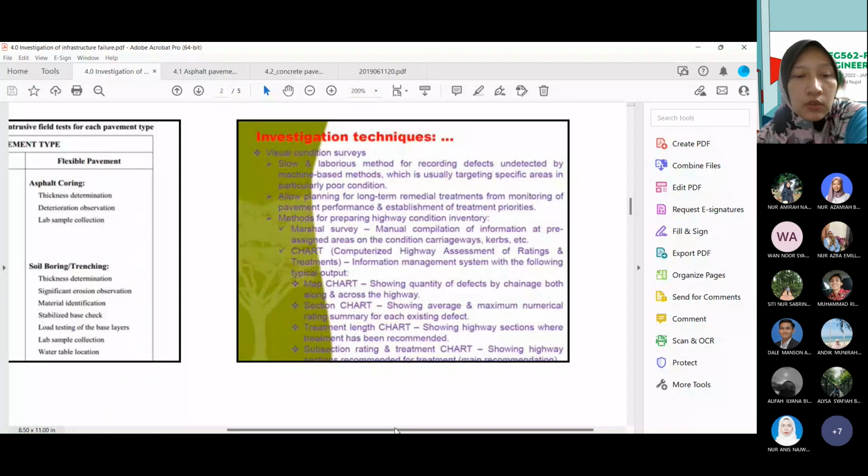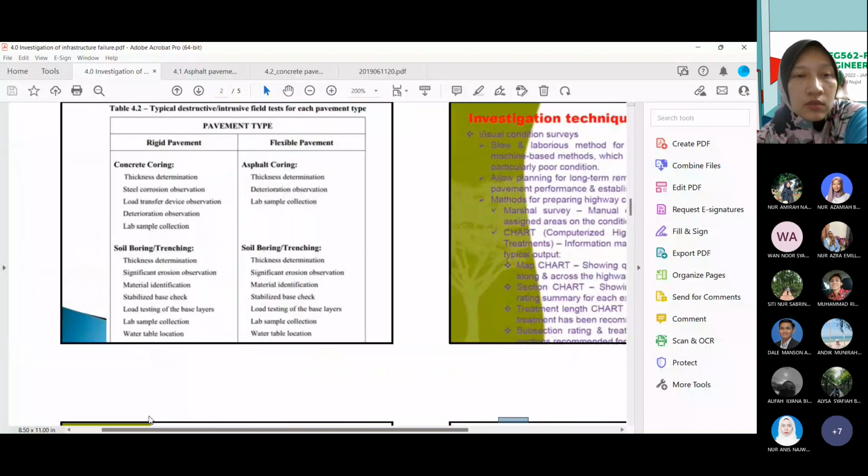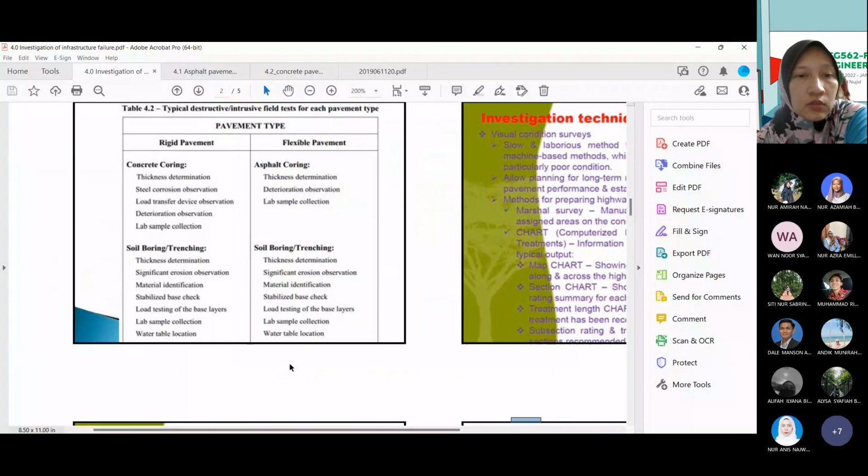Okay, next will be soil boring. This one is a field test, a typical destructive field test. Talking about destructive, it requires you to have a sample.